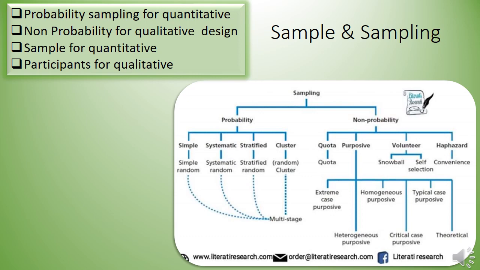We use the term participants of the research in our qualitative research. So, no use of the sampling word in most parts of the world. But in quantitative study, we know we have probability and non-probability sampling techniques, and at your undergrad level, you have gone through all those techniques very well.